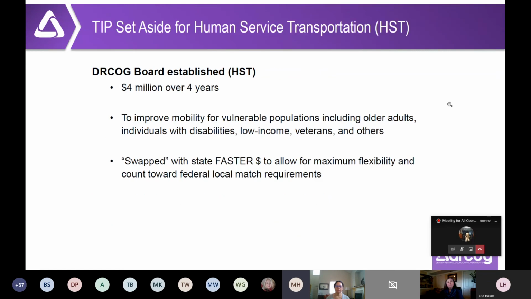So as many of you may know, the DRCOG board set aside $4 million over 4 years through our transportation improvement program to improve mobility for vulnerable populations, including older adults, individuals with disabilities, low income, veterans, and many others. And we are trying to have maximum flexibility.